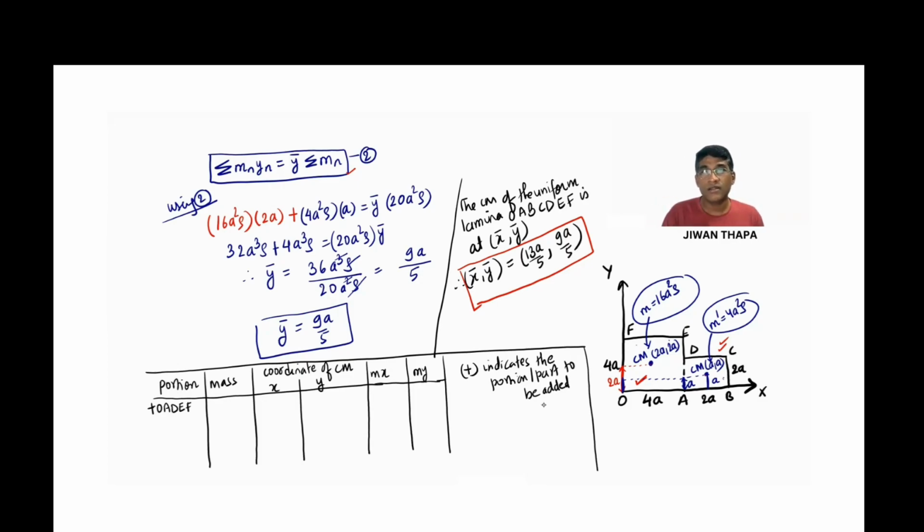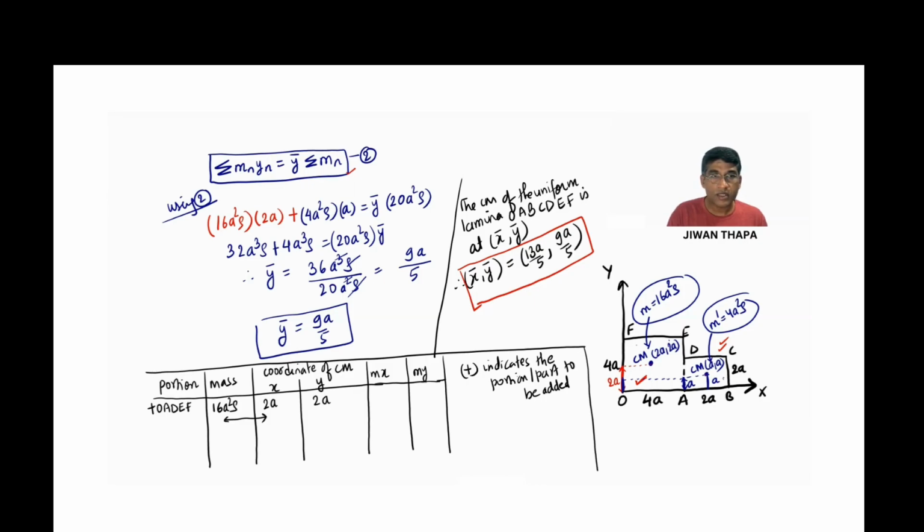So this is what we find from the figure, okay. So what is its mass? Its mass is 16a square rho, and its x coordinate is 2a. Its y coordinate is 2a. And what is mx? See, we need to multiply this with the y coordinate.